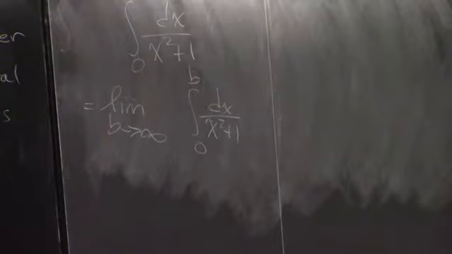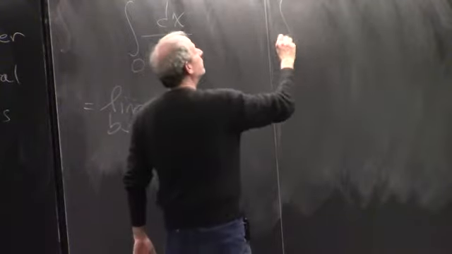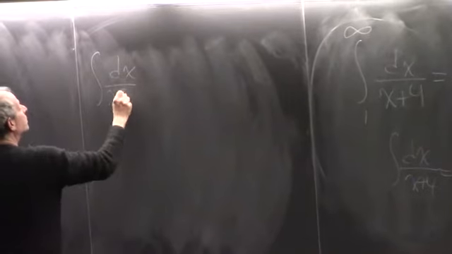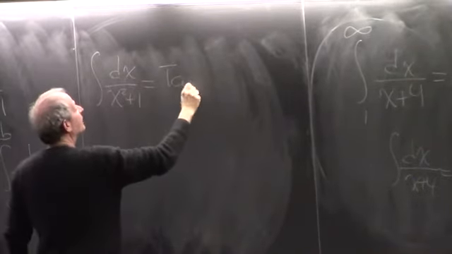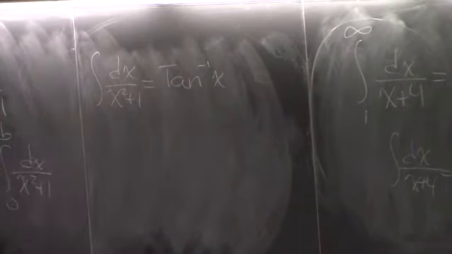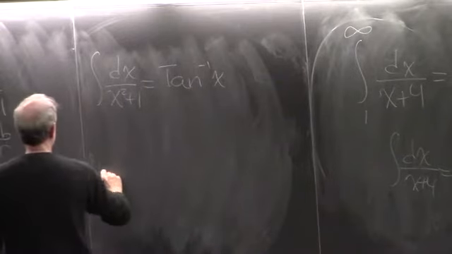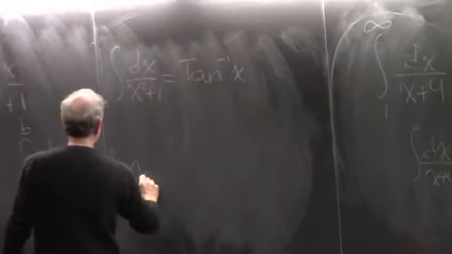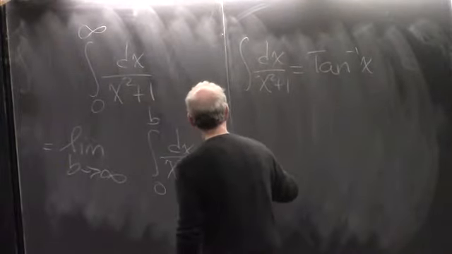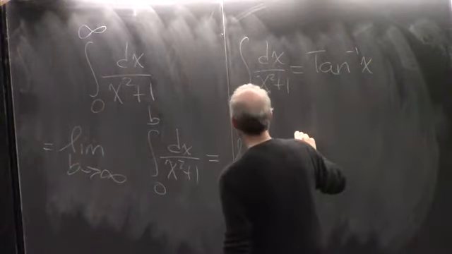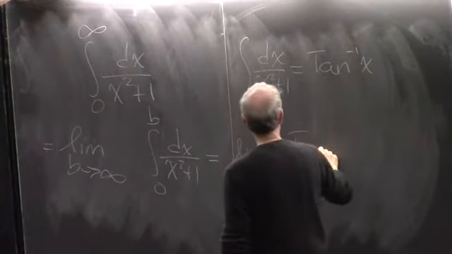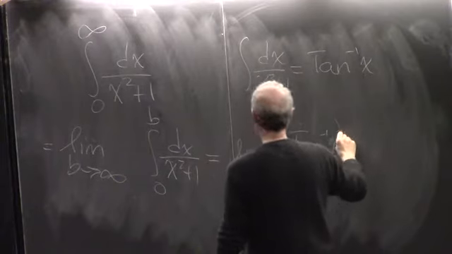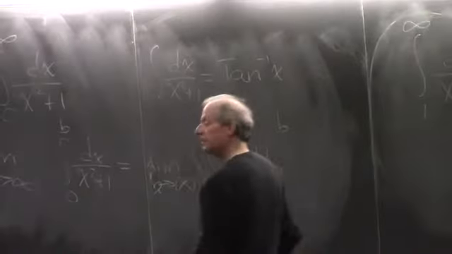Alright. So now let's just integrate dx over x squared plus 1. That's inverse tan of x. Okay? There's no x up here. It's not a log. It's just x squared plus 1 in the bottom. So this is the limit as b goes to infinity of tan inverse of x from 0 to b.